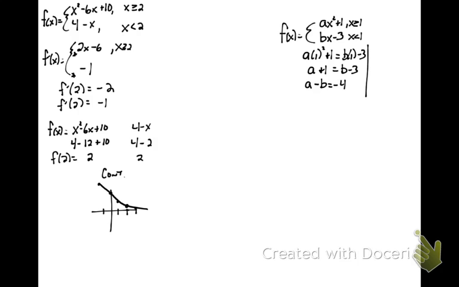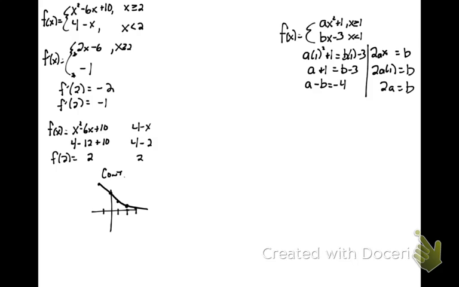If we consider the derivative of both parts, we would have 2ax, and the second part would be b, and when x is 1, these should be equal if it's differentiable, or 2a should equal b.